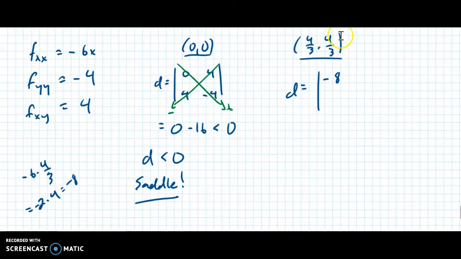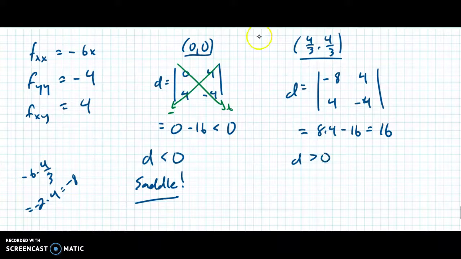There's no plugging 4/3 into them. So my D is equal to, I get a 4 and a 4 again, and then a negative 4. That is equal to 8 times 4 minus 16, which is 32 minus 16. It's 16. Okay, good. So D is greater than 0.